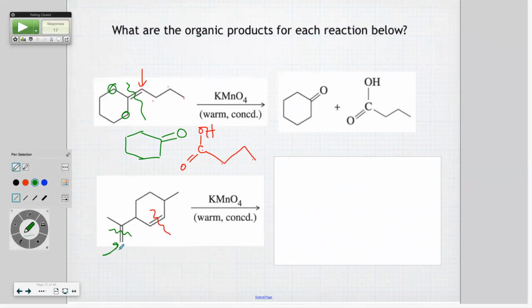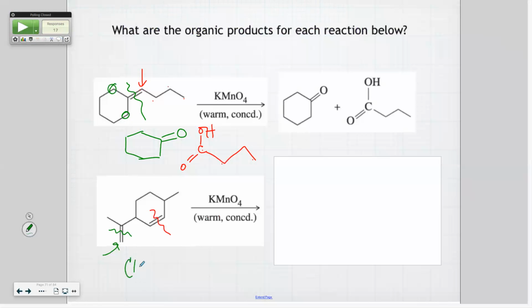So this carbon here has how many H's on it? It has 2 H's, right? So you get a CO2. Carbon dioxide bubbles off. It's hard to catch that, but you could catch it. There's ways to catch carbon dioxide.